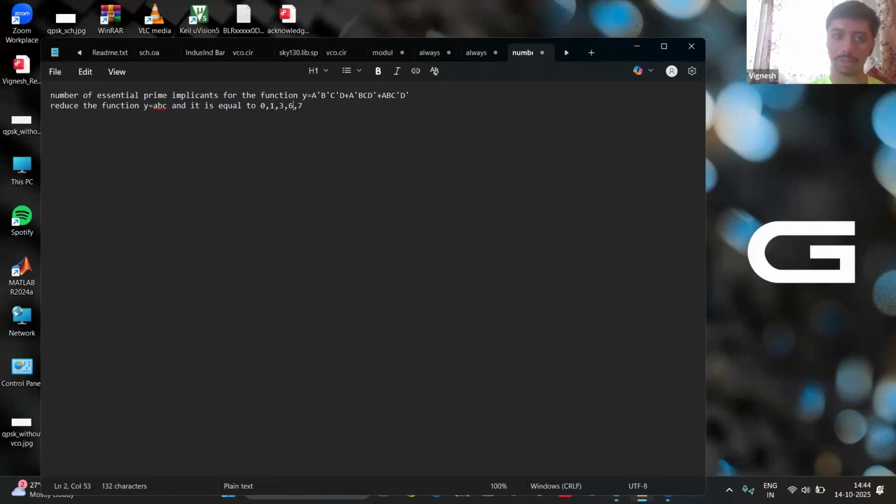It is all minterms, like using K-map only. Three variable K-map, correct? Yeah, correct. So it is A bar B bar plus BC plus AB. There are three pairs.